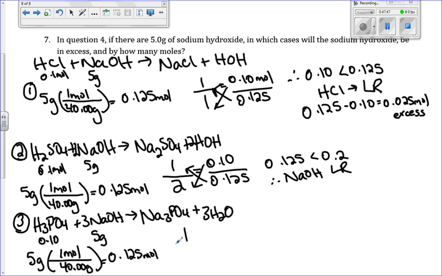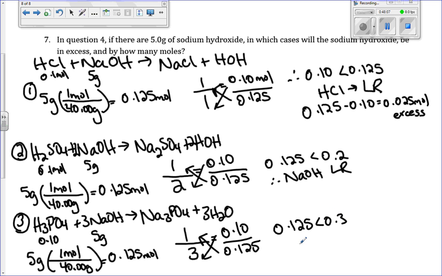We have 1 mole of phosphoric acid to 3 moles of sodium hydroxide. And we're looking at them being consumed, and we see that 0.125 is less than 0.3. Therefore, sodium hydroxide is the limiting reagent in this equation.